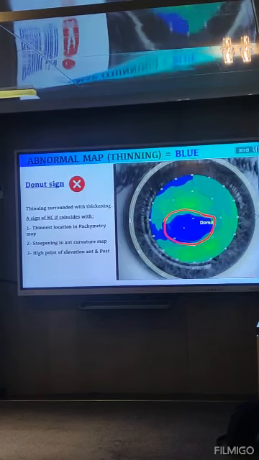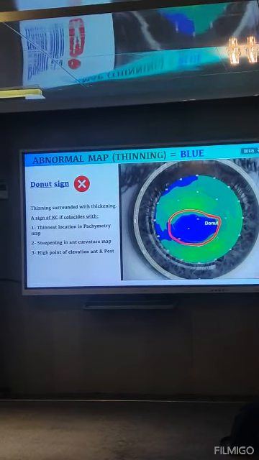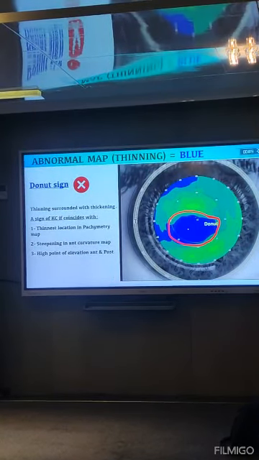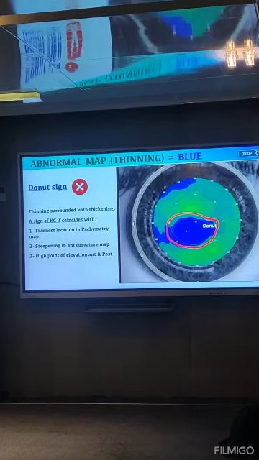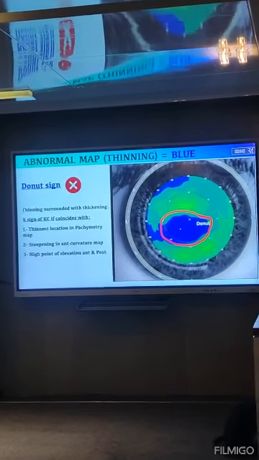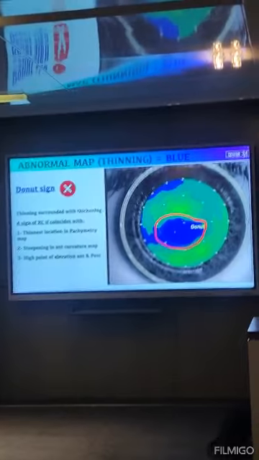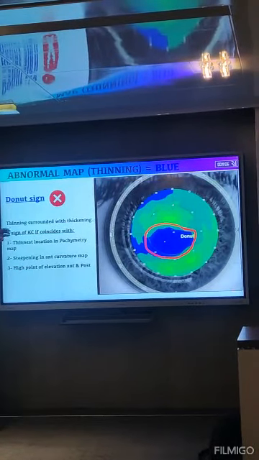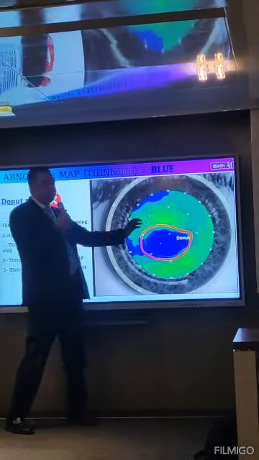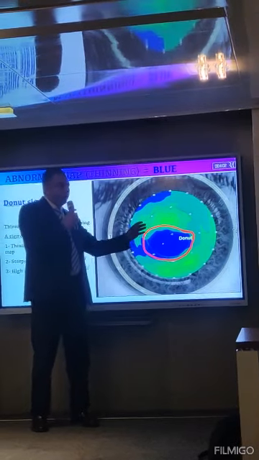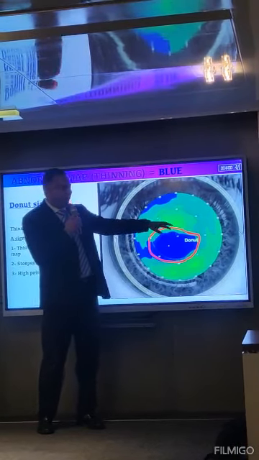So look here, the abnormal maps. The most important one is the donut sign formation, which is an alarm sign for us. The donut means a thinning island surrounded by thickening around, like the island and the borders of the island.